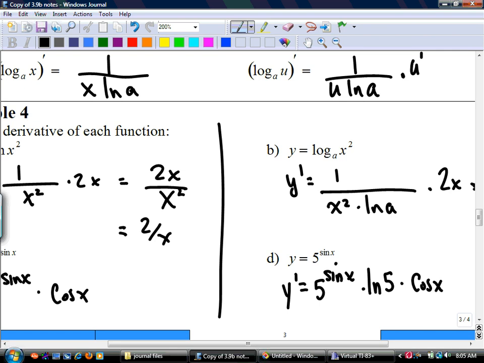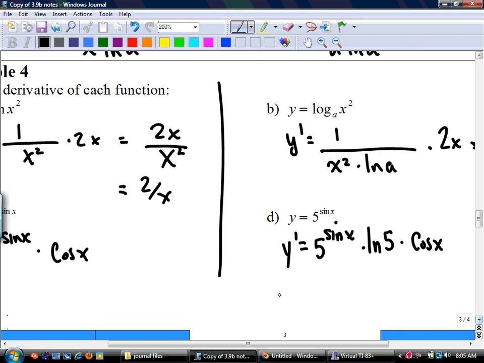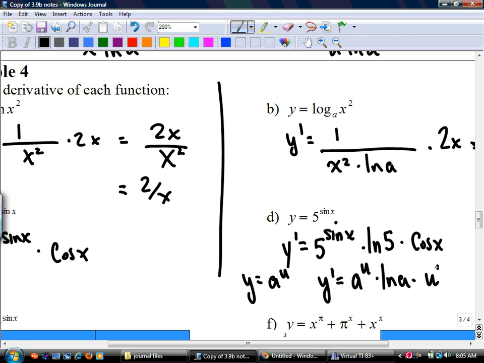What? It's just the rule from the previous page. If you start with y equals a to the u, its derivative is, I've remembered it this way, a to the u ln a times u prime. We wrote it as ln a times a to the u times u prime.